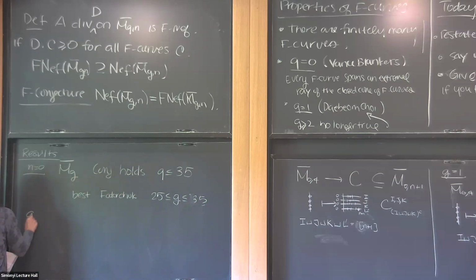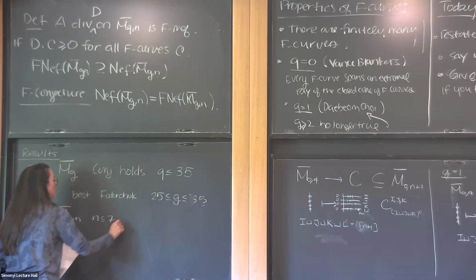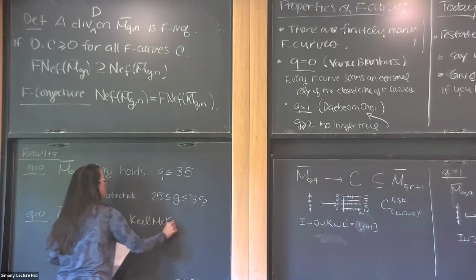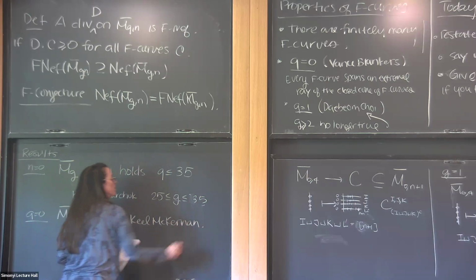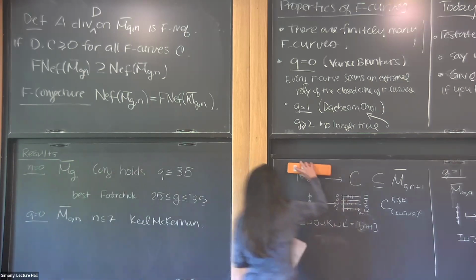And now for g equals 0. For n less than or equal to 7, that record is held by Keel and McKernan. So n equals 8 is still up for grabs as far as I'm aware of.